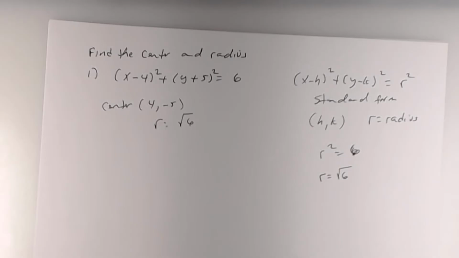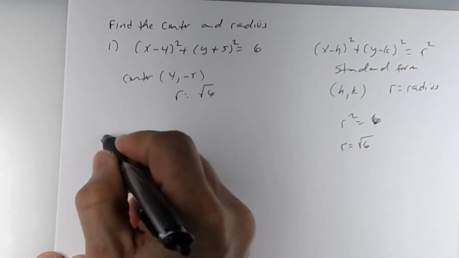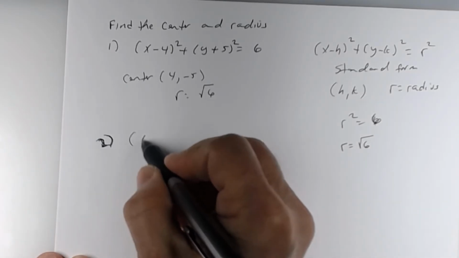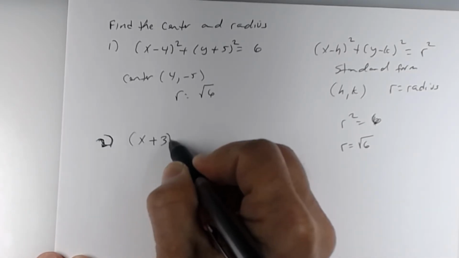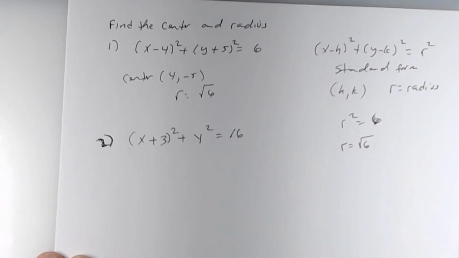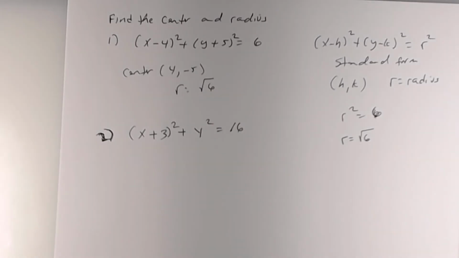Now, let's suppose in number 2, we had (x + 3)² + y² = 16. The y² may throw some of you off, but remember, I can write y² as a binomial square.